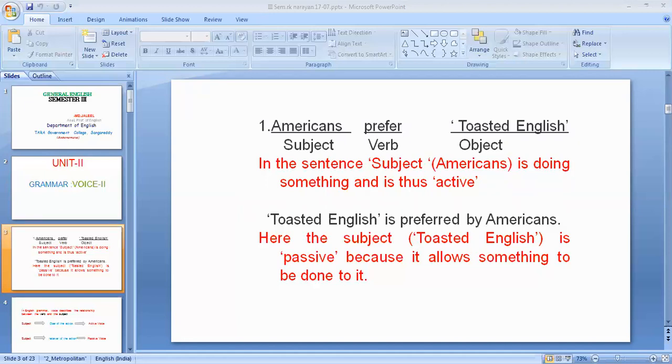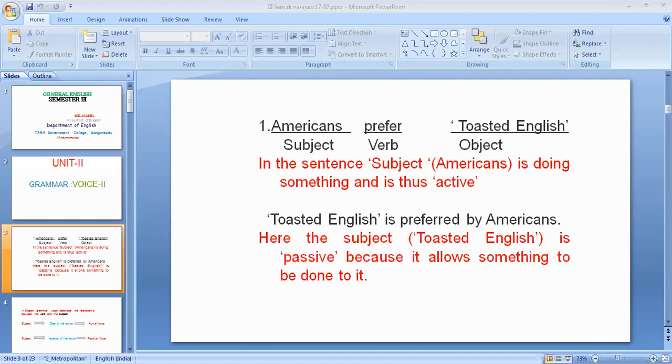Nearly 80 to 90% of our expressions are in active voice, but sometimes we use some sentences in passive voice. So what are the differences between these 2 voices, and when to use active voice and when to use passive voice? We try to see in our presentation.